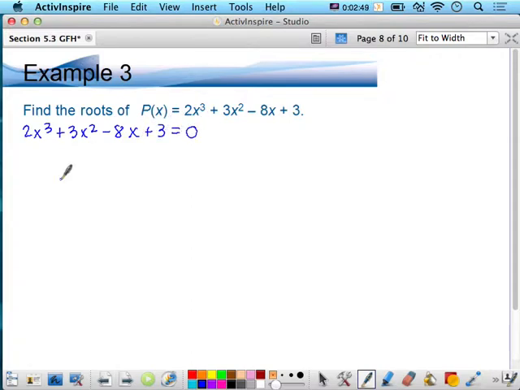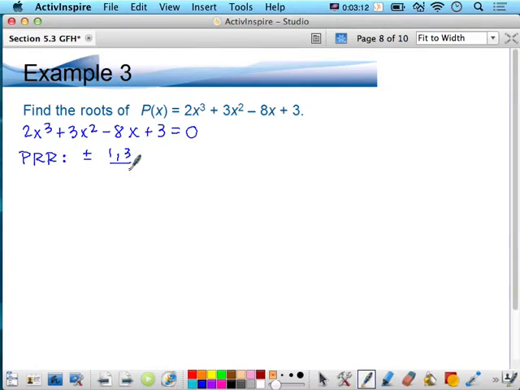Then I'm going to use the rational root theorem to generate a possible list of roots. So our possible rational roots are plus or minus the factors of the constant. So in this case, the factors of positive 3, which would be either 1 and 3 or negative 1 and negative 3. So we'll list the 1 and the 3.